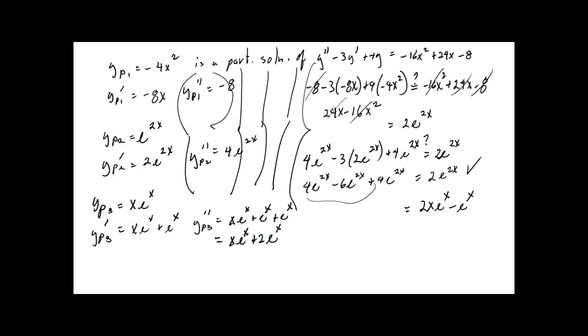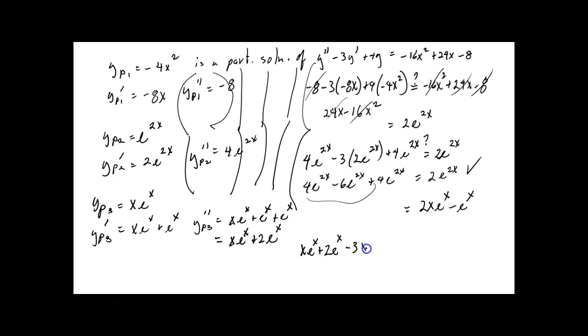Right? Okay. Now let's take that and plug into our original, which is y double prime. So that would be x e to the x plus 2 e to the x minus 3 times this. So I'm just going to write it down with the minus 3 in front of it.